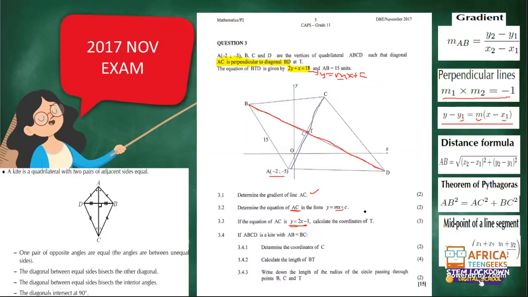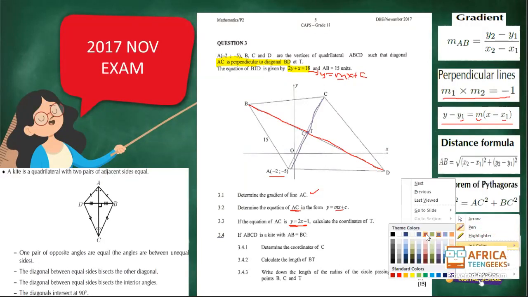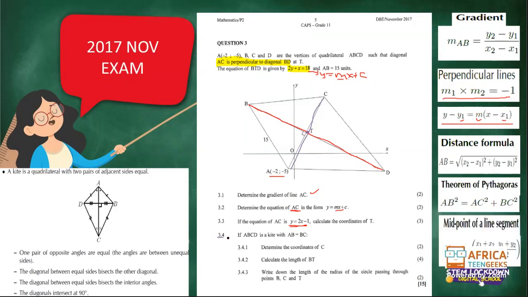Okay. So for 3.4, you were supposed to try 3.4, in which we were given that we have a kite.